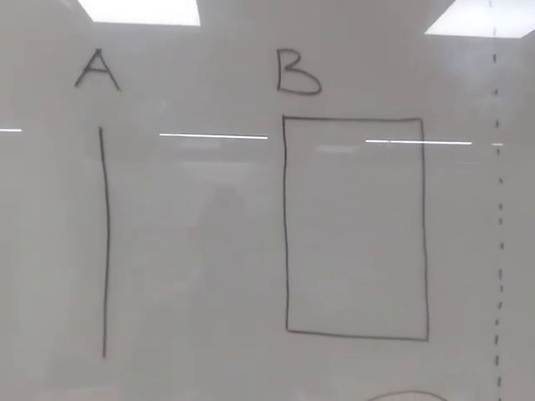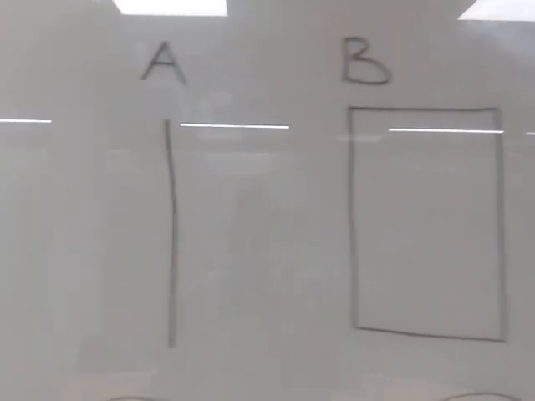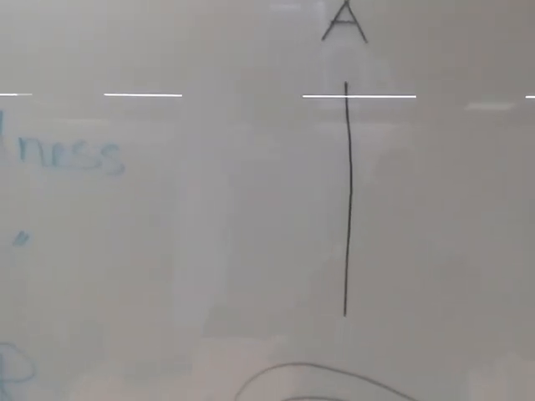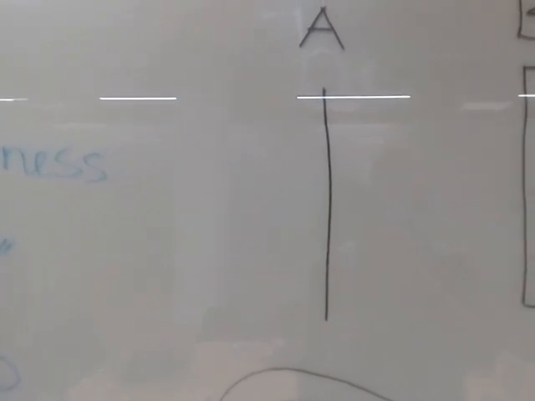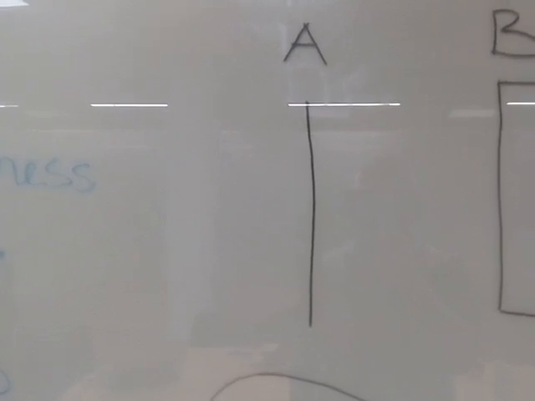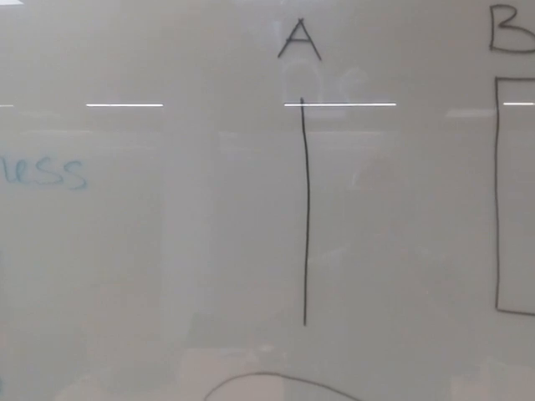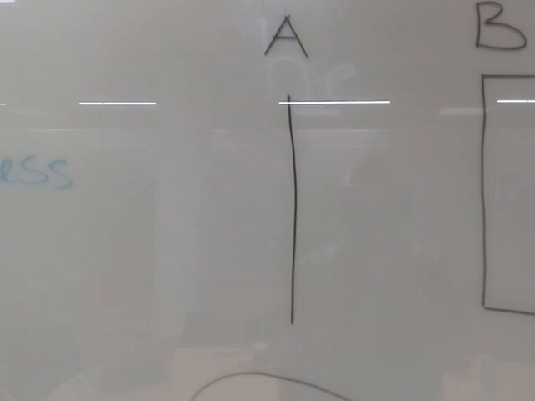The second thing is that A and B, the line, is 100% visible. Nothing is covered. There is no aletheia. Everything is in the open.